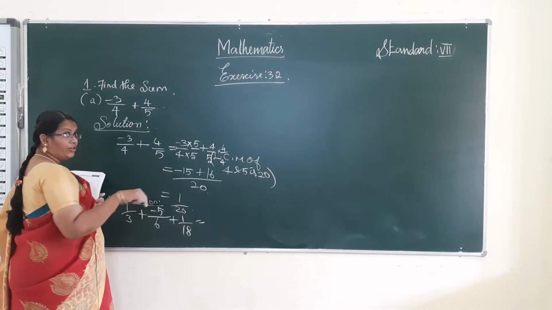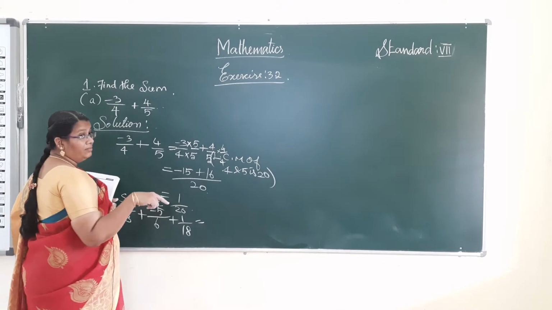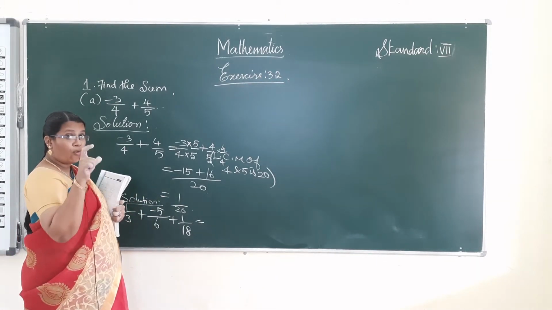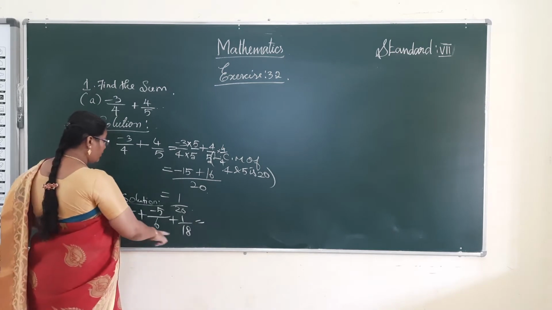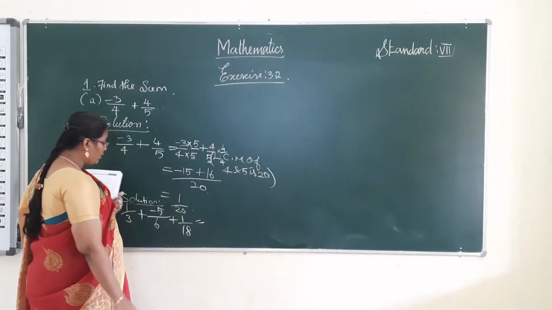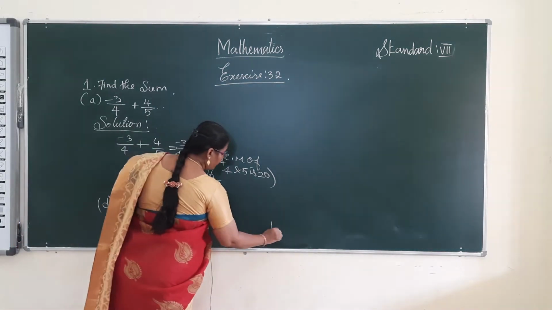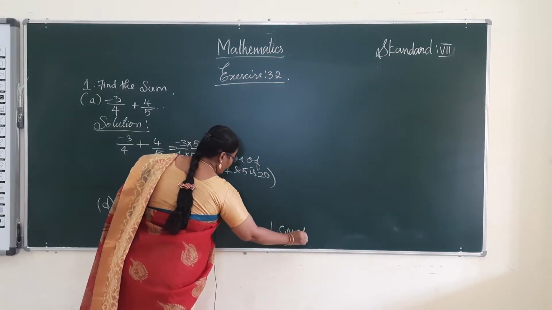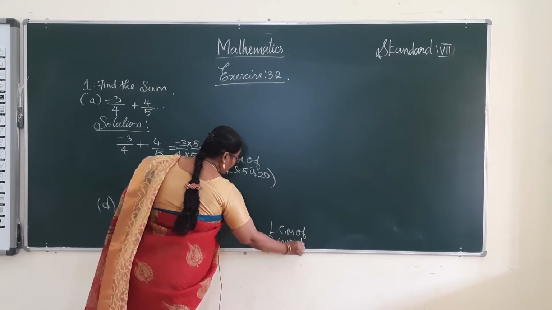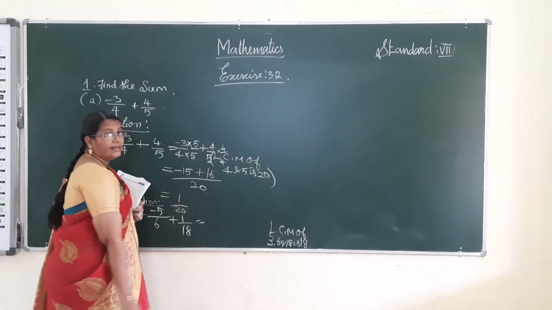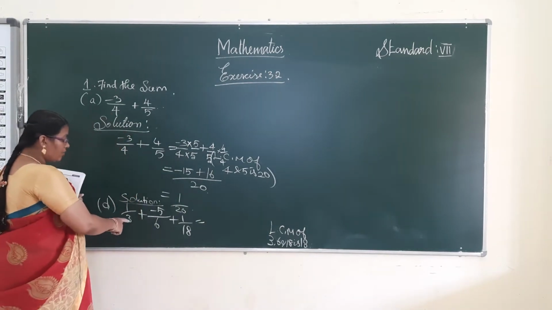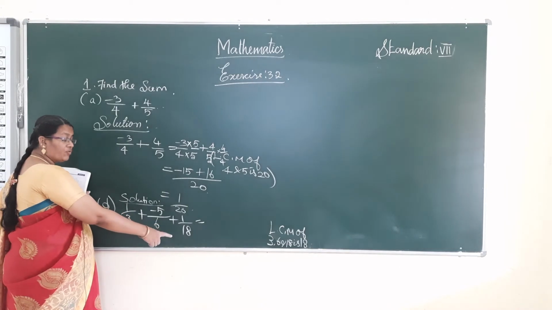You have found the LCM using the common multiples method. So the LCM of 3, 6 and 18 is 18. Now, multiply here. Which number multiplies the denominator to give 18?